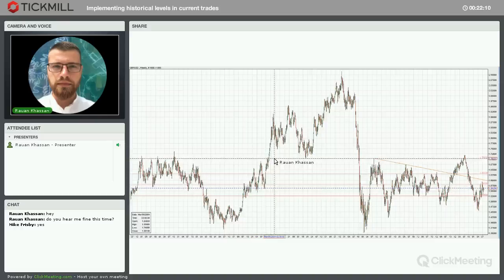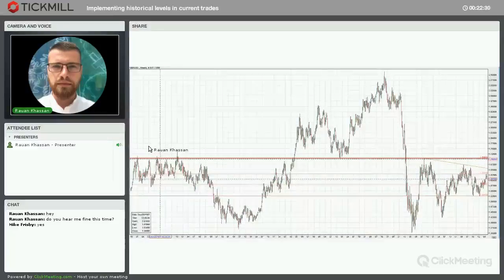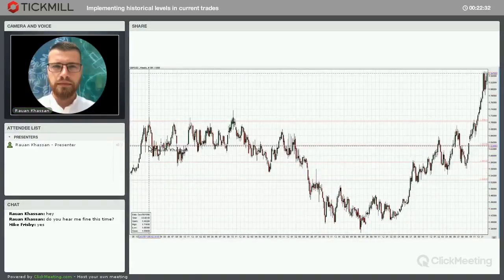So the first point selected is 1.7042. This is a nice example of a really long-term historical level. We set it up in between of year 1997 and 1998.